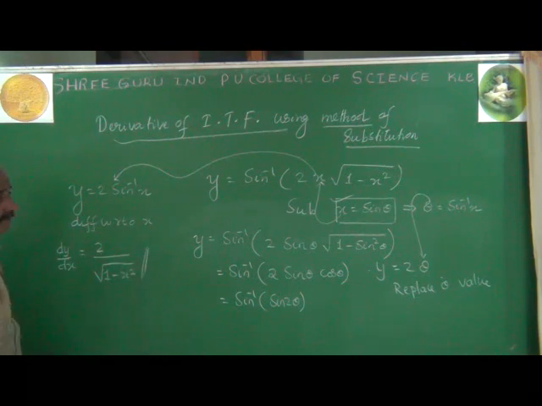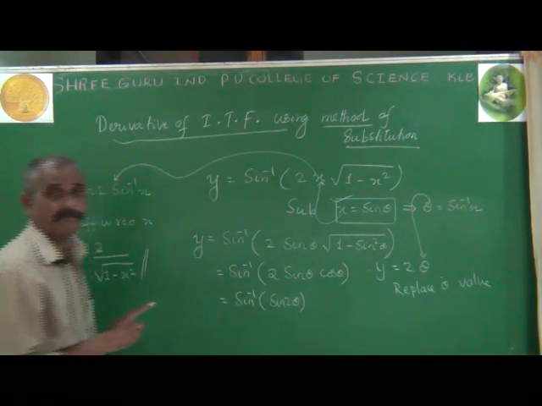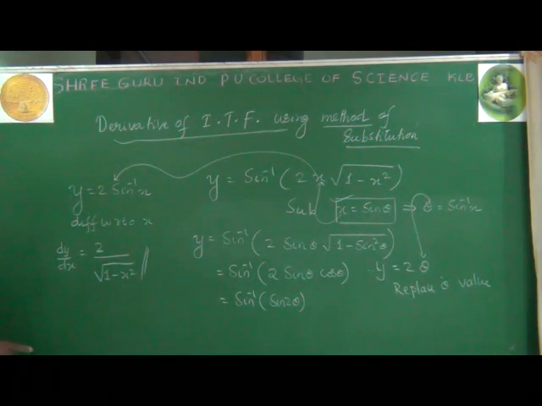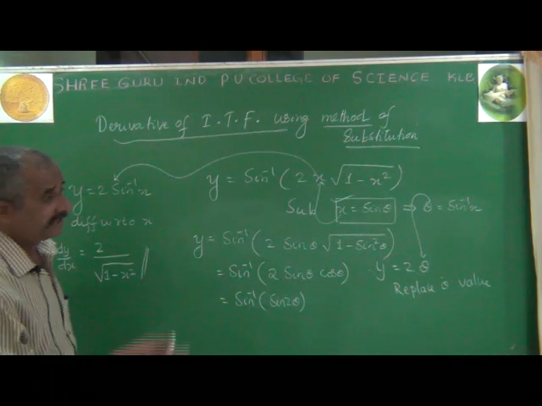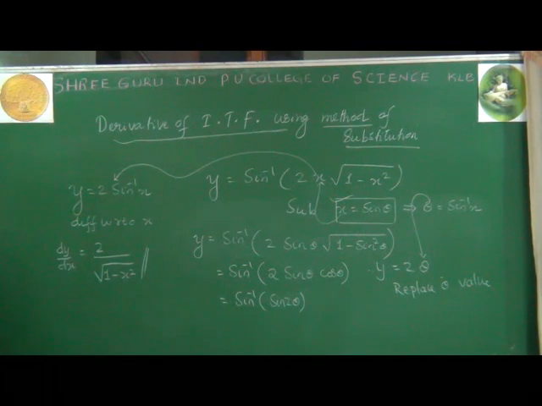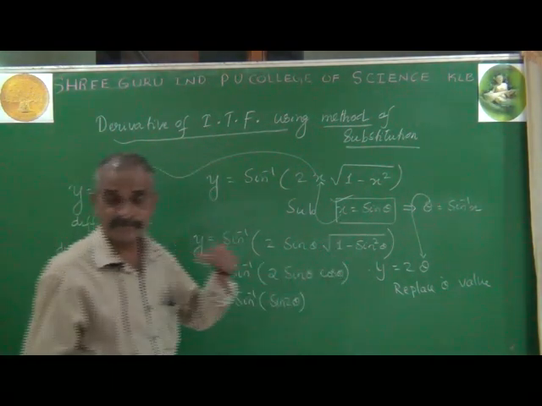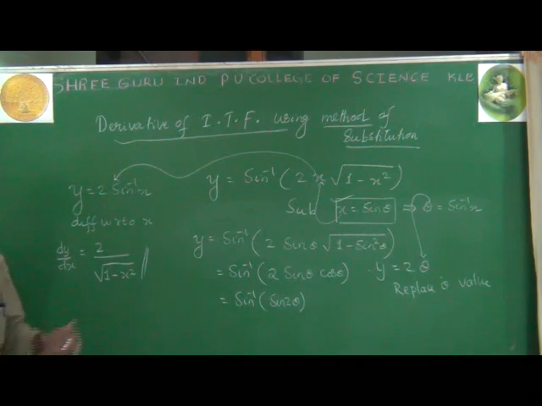By this example, anybody can make an easy decision that the substitution method will be much easier than the actual differentiation method. So we shall make a proper substitution depending on the expression. After that, simplification is to be taken, then replace back the value of theta or t in terms of x. Finally, go for differentiation.